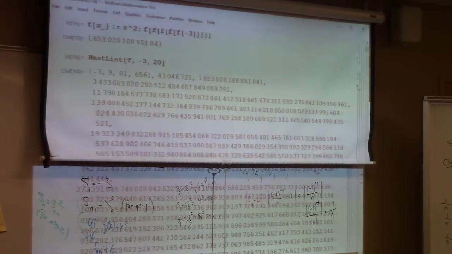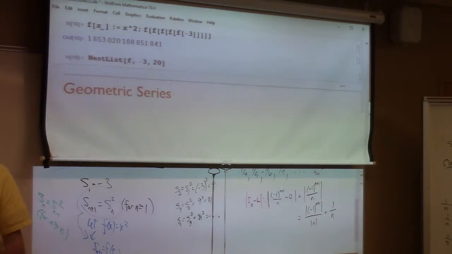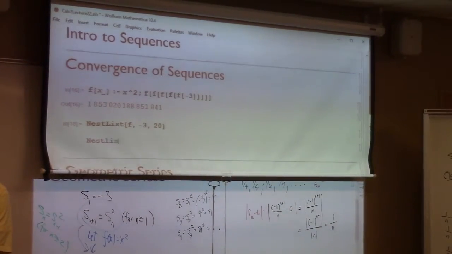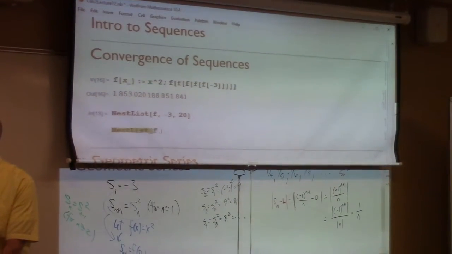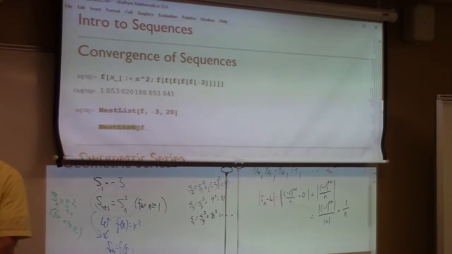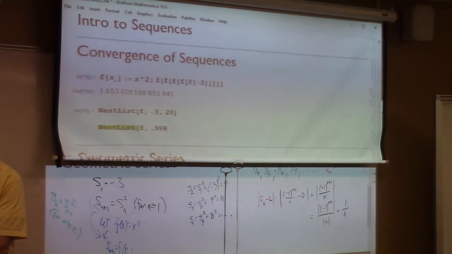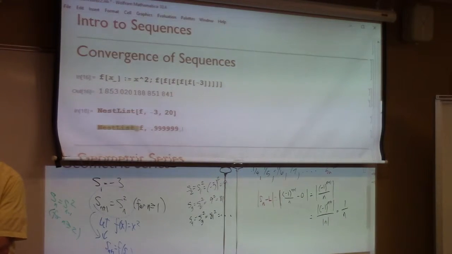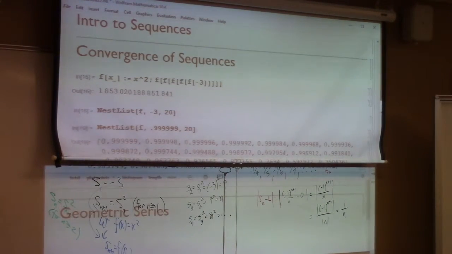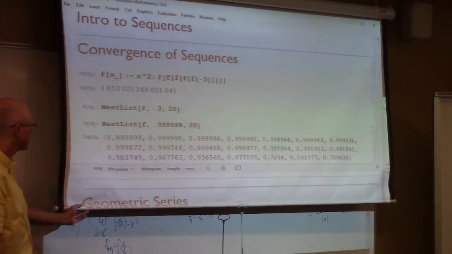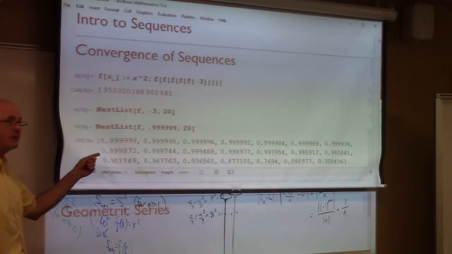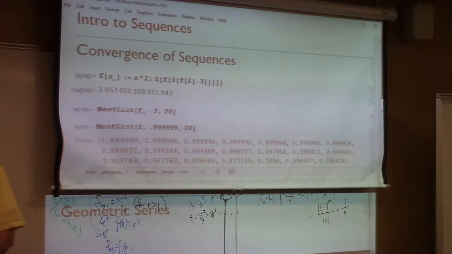All right, let's do one where the numbers aren't quite so nasty. Same function, but this time let's plug in a number between -1 and 1, like 0.99999, and do 20 iterations. Those aren't so bad to look at. Maybe they're converging. What are they converging to?